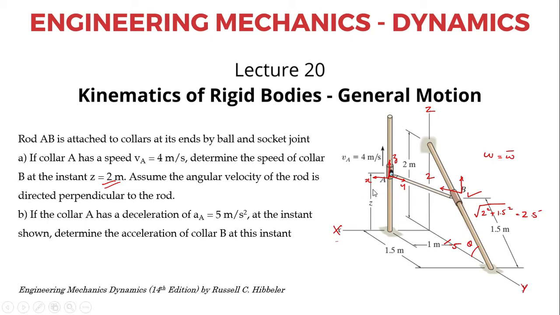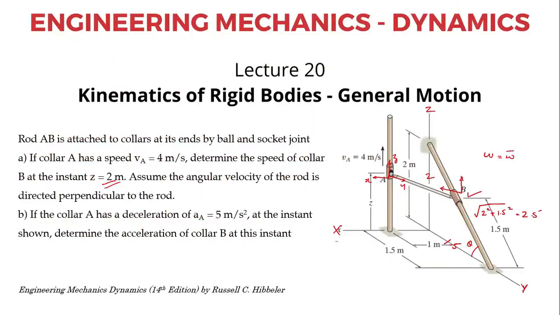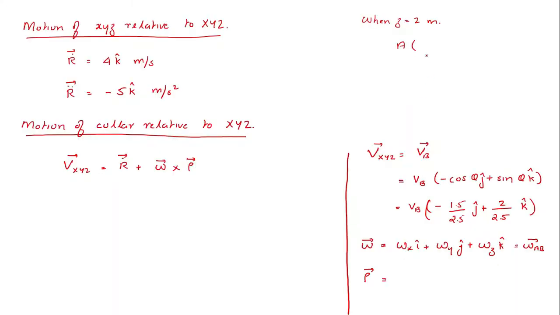When the point A reaches Z equals 2 meter, A will have the position coordinate along the x-axis 1 meter, along the y-axis 0, and along the z-axis 2 meters. So it will be 1, 0 and 2.